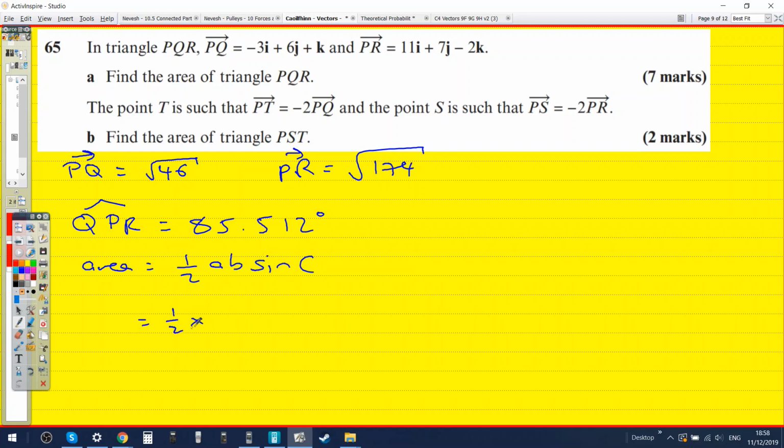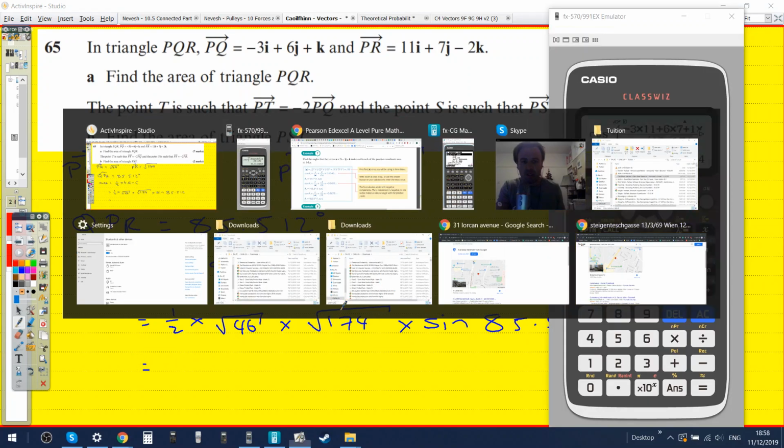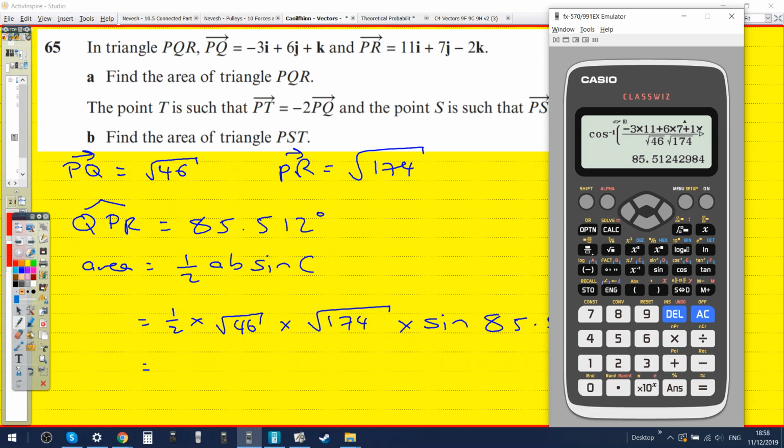And so a half AB sine C would be a half times root 46 times root 174 times sine 85.512. Try that and pray.